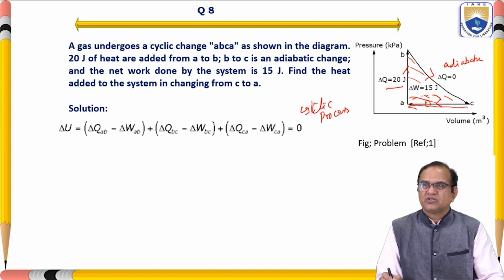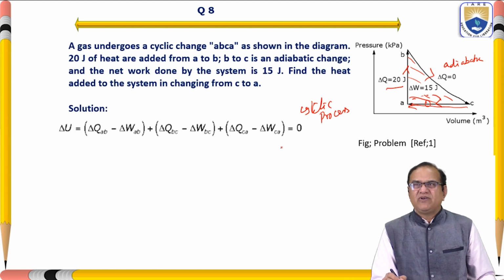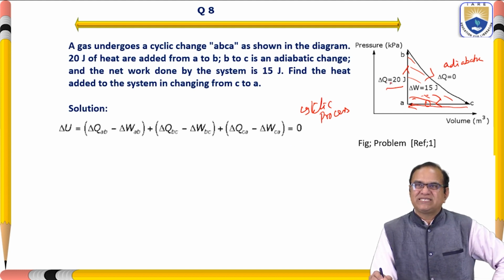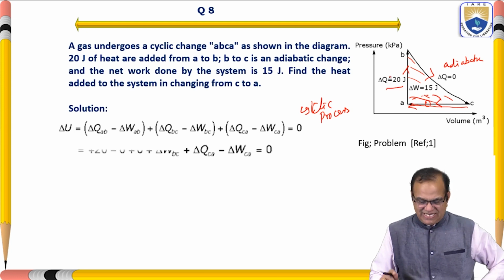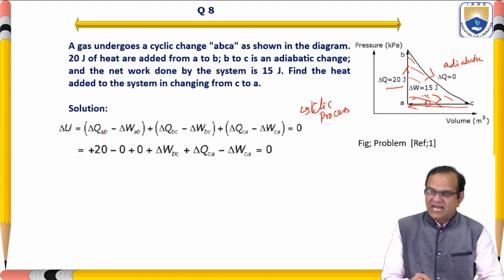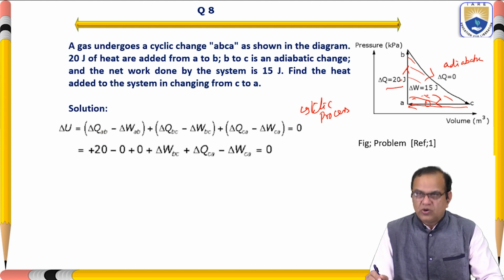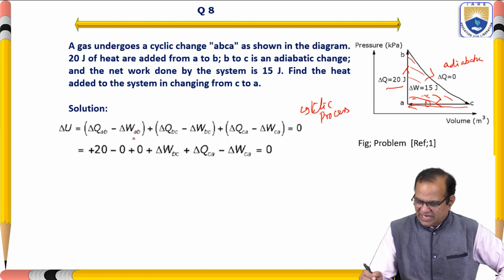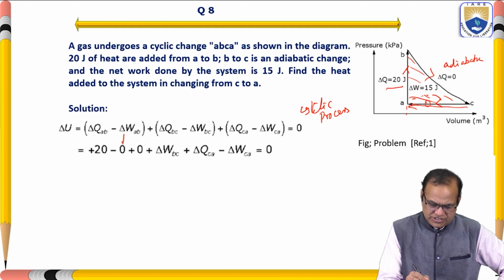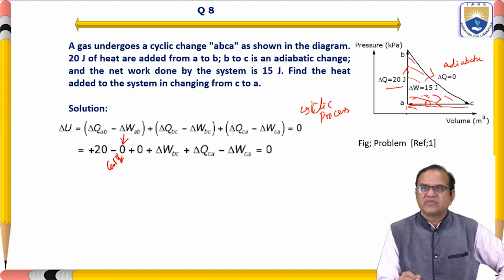So this is the equation, and we will put in the values which are given here. Delta QAB is equal to 20 joule. Here the work is 0, as it is a constant volume process.